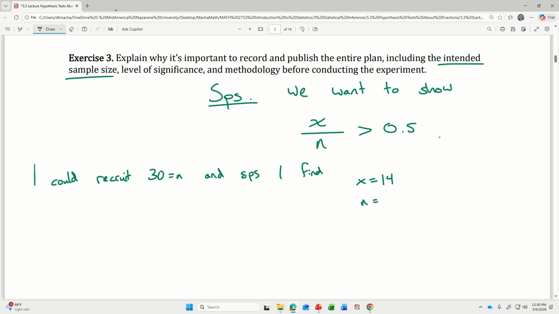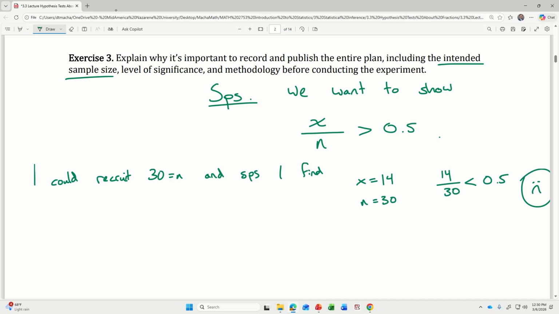And so 14 out of 30, that's actually less than a half. And that makes me sad because that's not what I was intending to find, right? I wanted to show that this fraction was greater than a half.